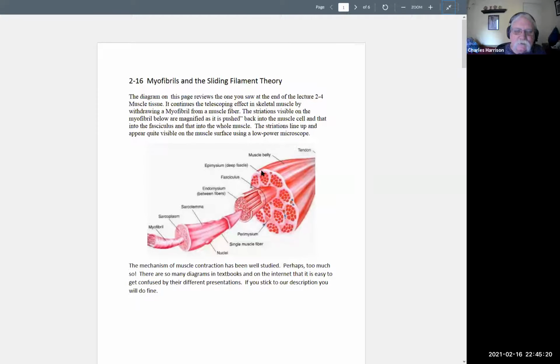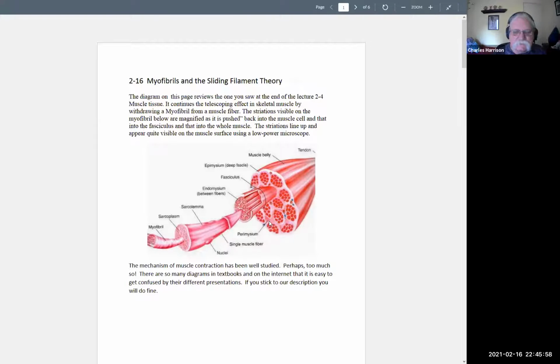The entire belly of the muscle is surrounded by a connective tissue called epimysium. Here's the term right over here. The fasciculus is surrounded by this tissue, which is connected to the outer tissue, but it gets another name. This is called perimysium. Here's the term down here.